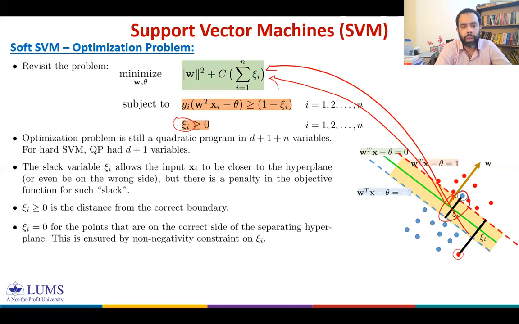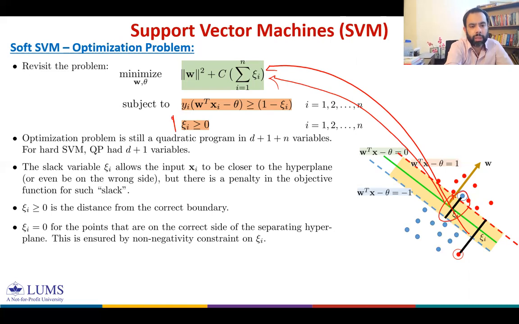And obviously, if the points are already on the correct side of the separating hyperplane, psi for those points is equal to 0. Right? Agree? This is ensured by the non-negativity constraint on psi, because we are forcing each of these to be greater than or equal to 0.